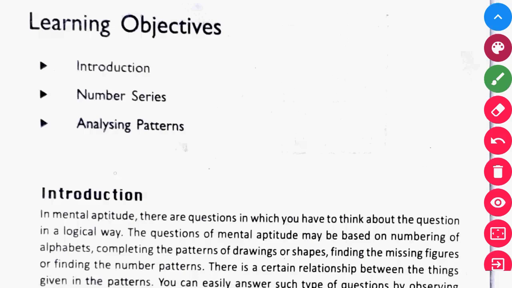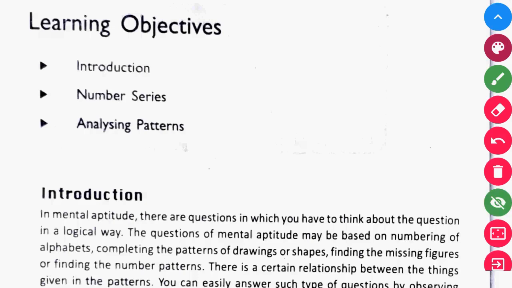Okay, so what is the objective of the topic? Number series, where some number patterns are given, adding the same number or adding the number in increasing order, or the table is there.